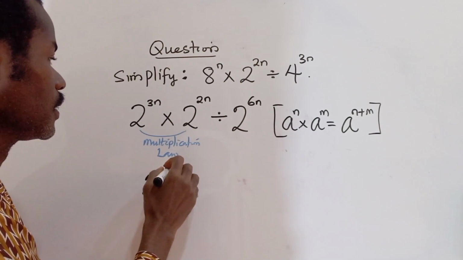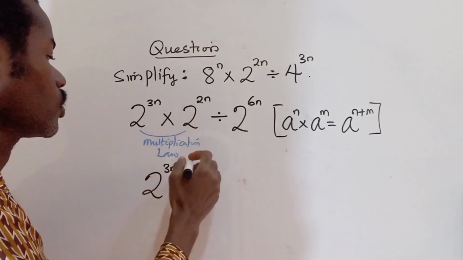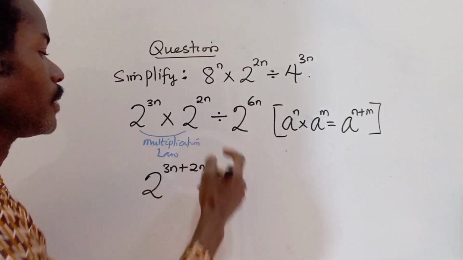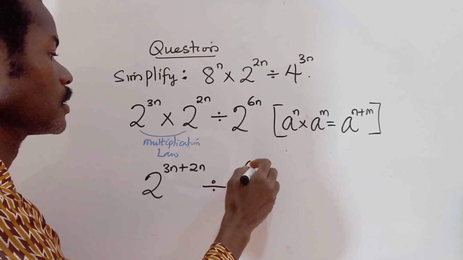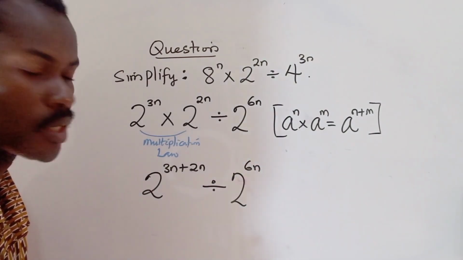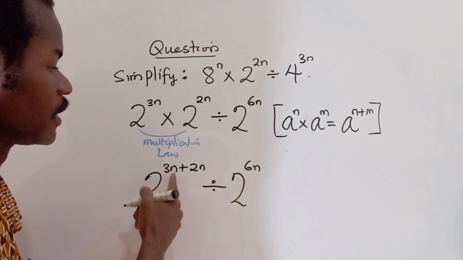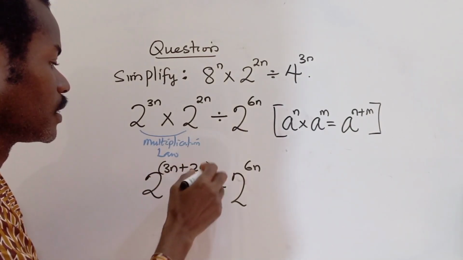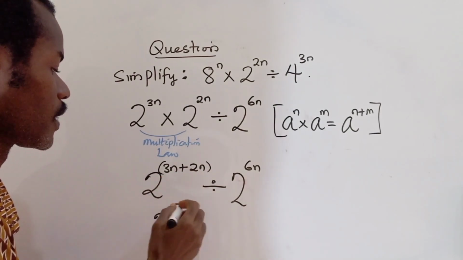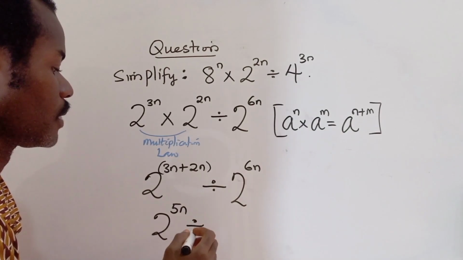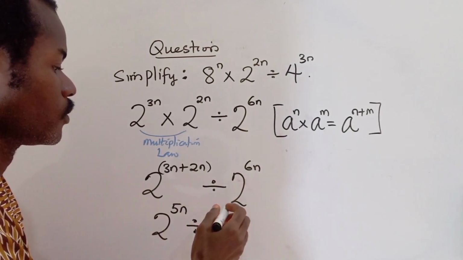So we have 3n plus 2n. Remember, we still have our divide by 2 to the power of 6n. Now 2 to the power of 3n plus 2n is going to give us 2 to the power of 5n, divided by 2 to the power of 6n.